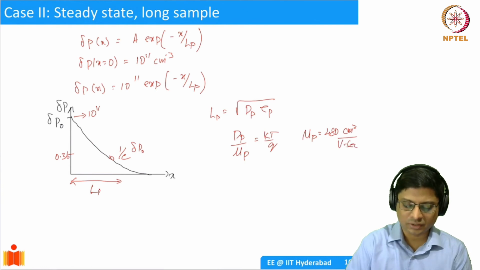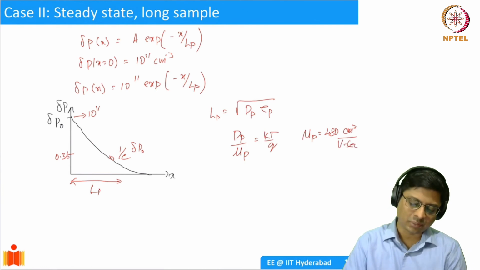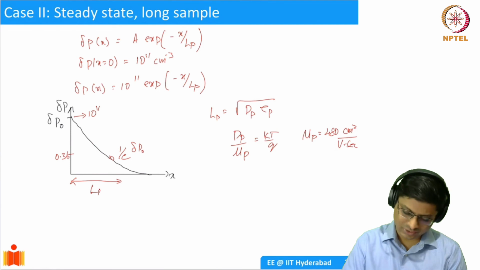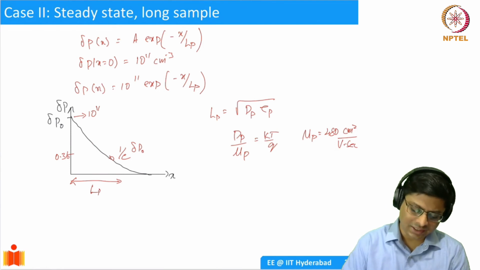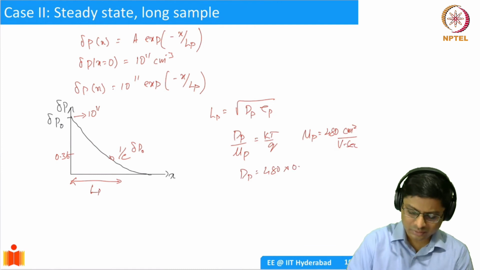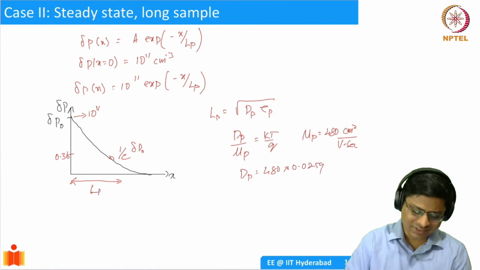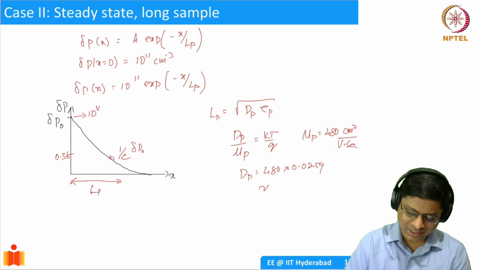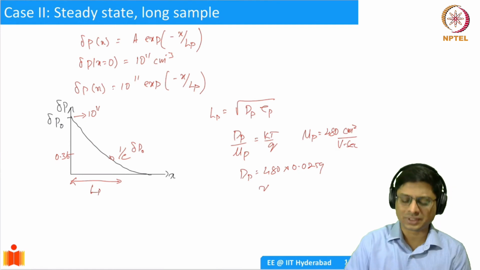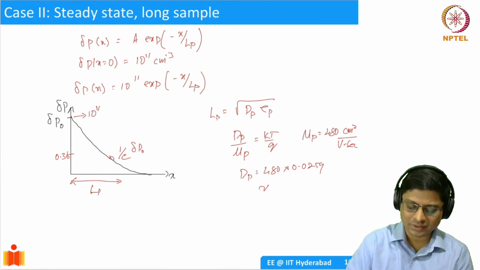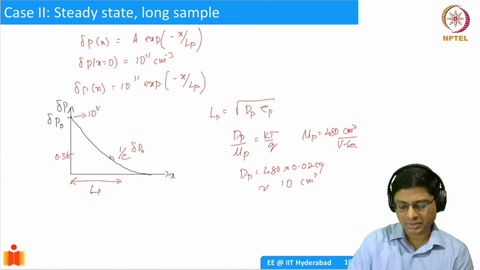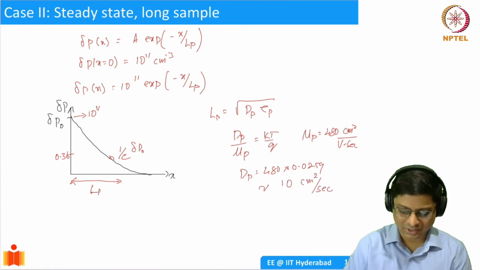This is the mobility of holes. You multiply it by 0.0256 or 0.0259, you should get it. So dP is going to be 480 times 0.0259. It will be something in the range of, if I'm right, 10 or something. Let's assume it to be 10 centimeter square per second. You can verify this. I don't want to calculate this.